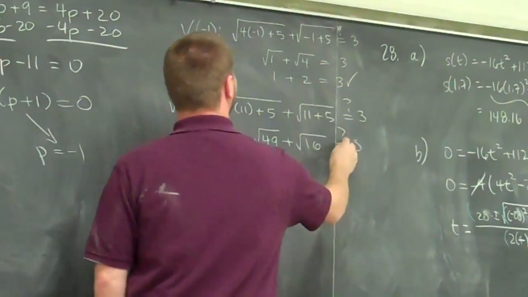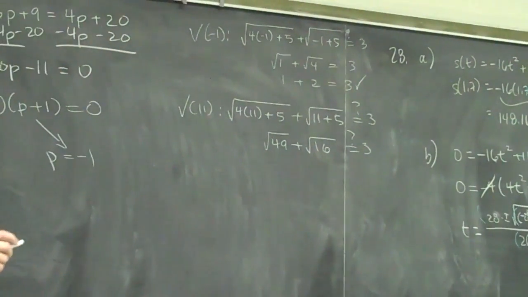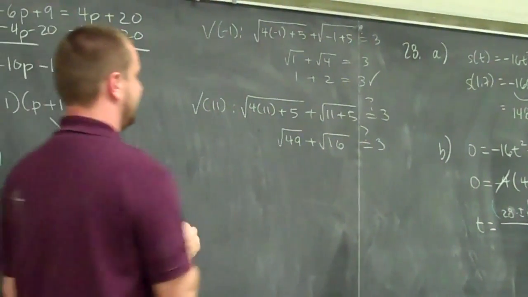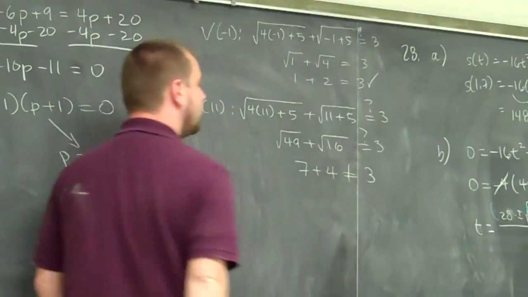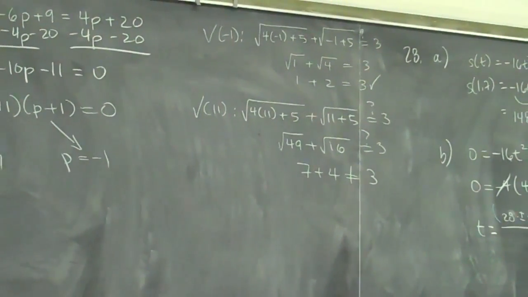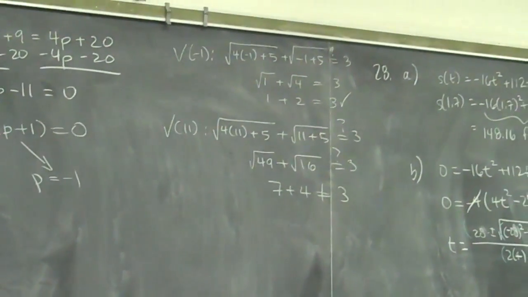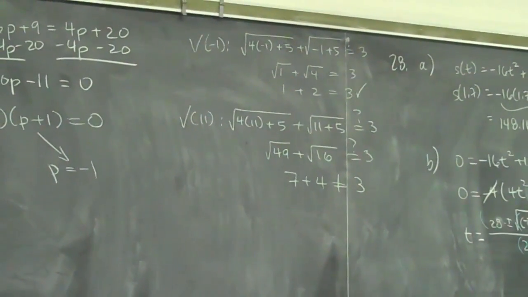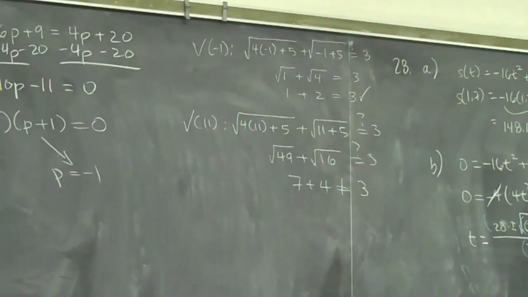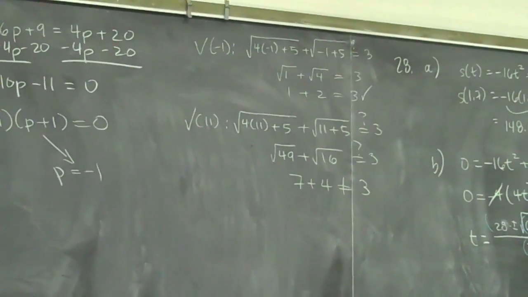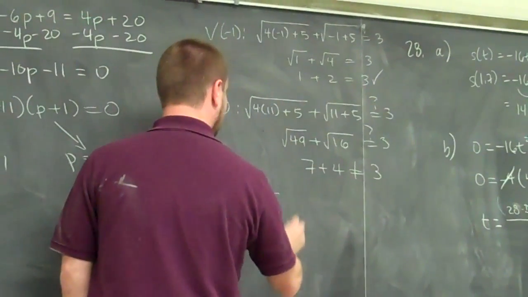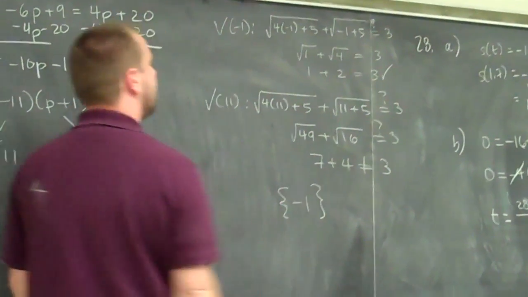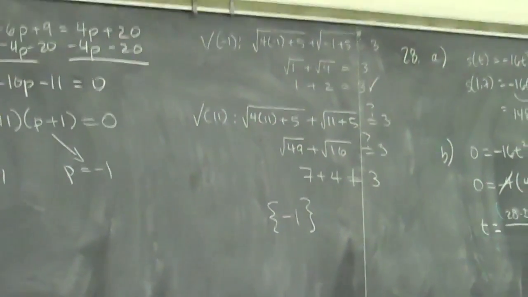I don't know, I got a bad feeling about this. 7 plus 4. 7 plus 4 is not 3, but what is 7 minus 4? So does it work? If I just change it to minus, it works, right? So my solution said? -1. -1 only.